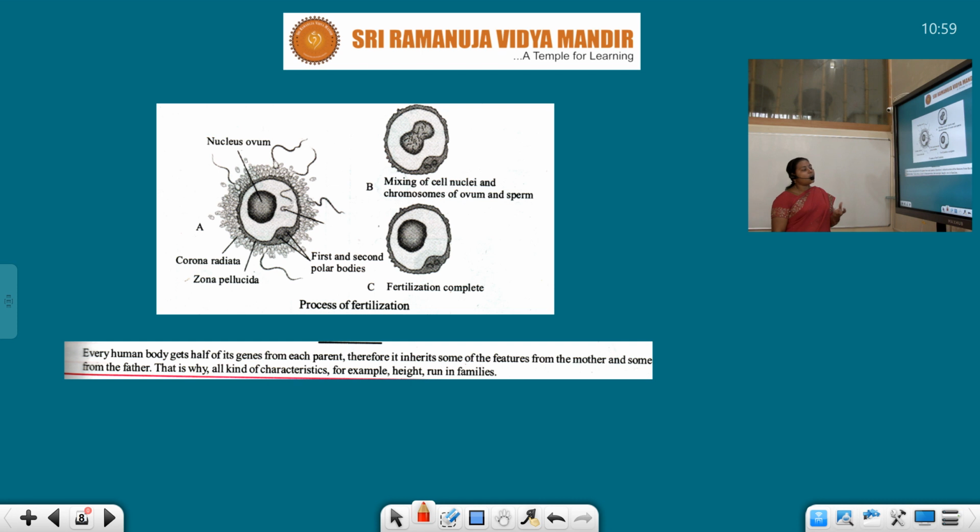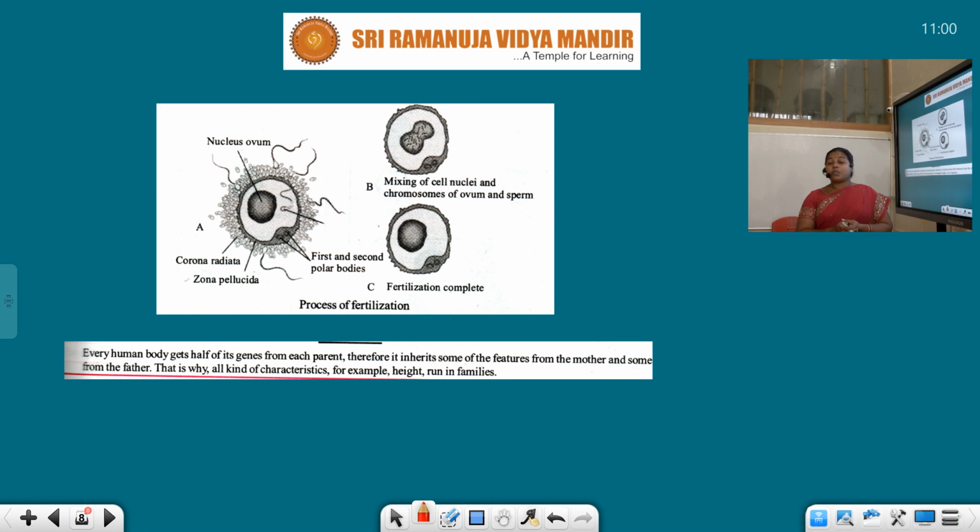That is why certain characters, for example height, run in families. And students, actually there is a fusion of two nuclei sets. In the process of fertilization, there is a fusion of two nuclei from two different sources. One is from the sperm cell and the other one is from the ovum. Due to this fusion, what will happen?